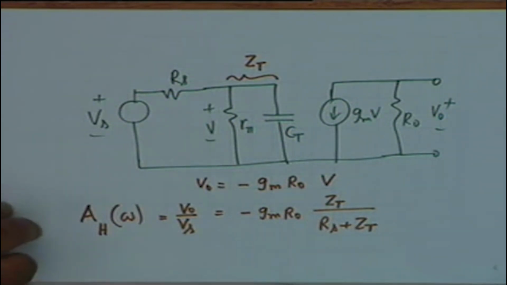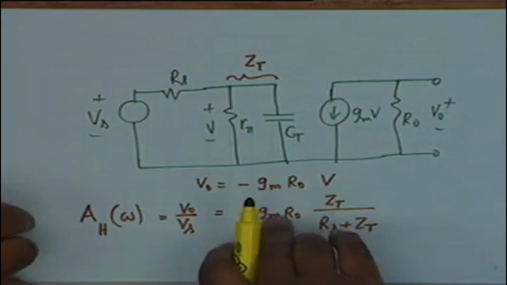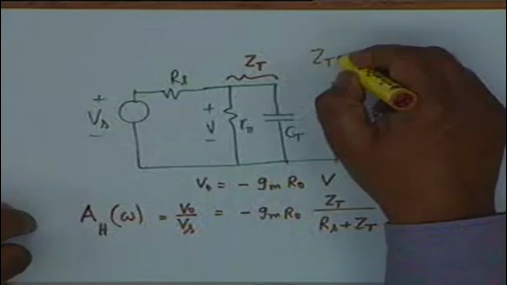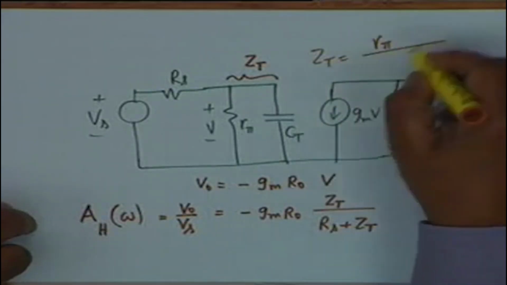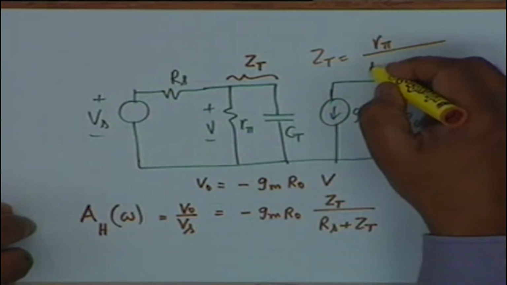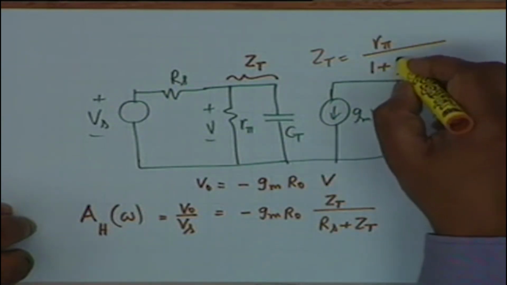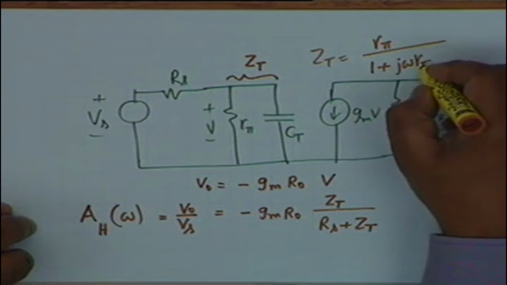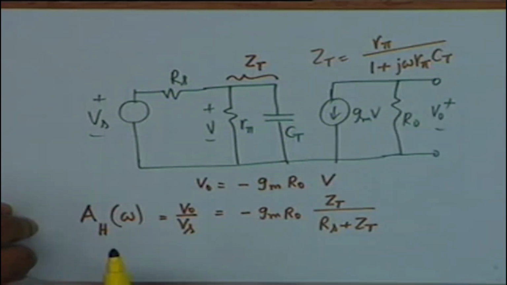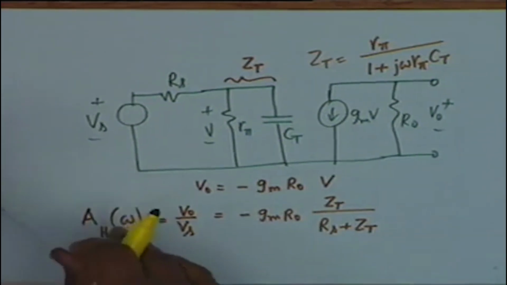Okay, let's write this expression. What is ZT? ZT you can easily show, this is R pi divided by 1 plus j omega R pi Ct. If I substitute this, let us see what happens.